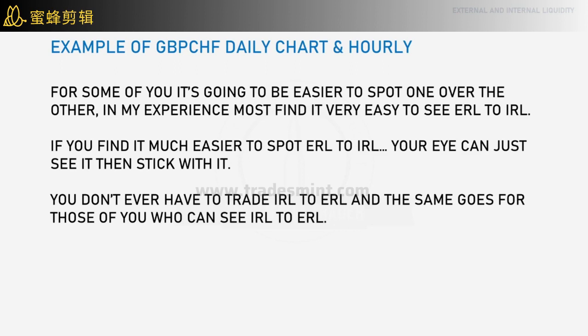You can also go from internal range to external range, which could be an OTE entry into a range on a fair value gap, and then aiming for an old low or an old high. You don't ever have to trade internal range to external range, and the same goes for those of you who can see internal range to external range. What's important is what is most comfortable for you to see.